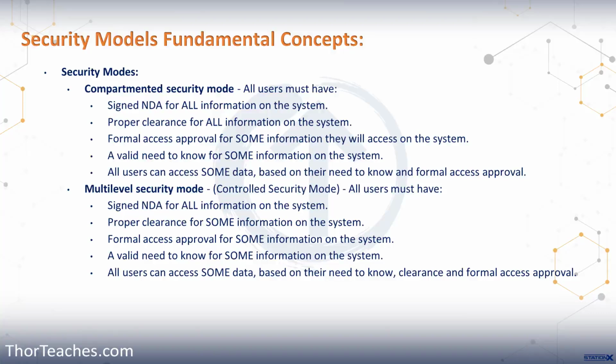It is high security, and then they can access the data on a need to know. And then finally, dedicated. Think of this as a dedicated system. It is dedicated to people who have everything they need to access all the data. I hope those help you differentiate the 4 different modes.